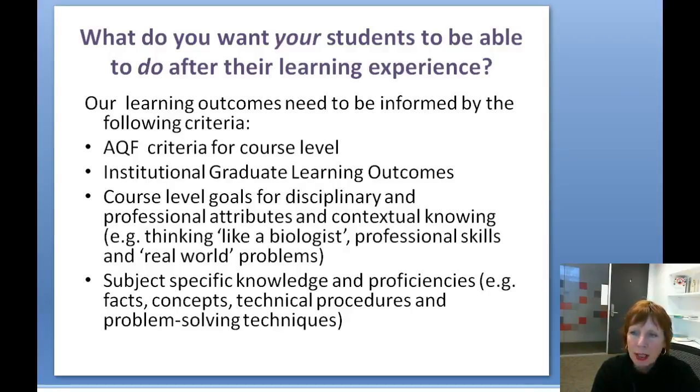To that, I've added the AQF, the Australian Qualifications Framework criteria, which operates at the course level. The AQF criteria define what graduates are expected to achieve at the end of a course, so they don't apply specifically to every subject in the course, but it does give us a good guide to what the official expectations are about the kinds of learning outcomes that we're going to achieve.